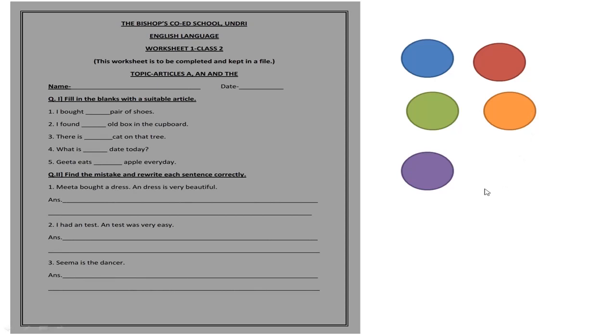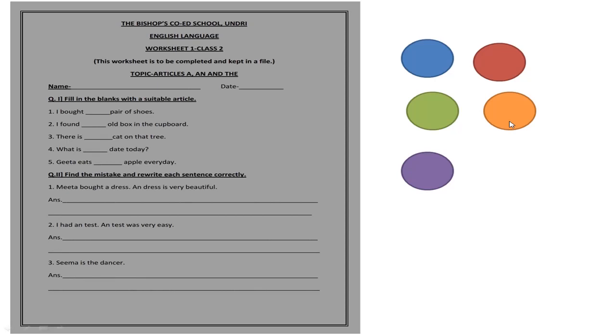Now here we have a few balls. Okay? Consider these are balls. So if I want any ball from these balls, I'll say give me a ball, right? But if I want a particular ball like the orange ball, I'll say give me the orange ball. So when we are talking about a particular, specific thing, we use the.